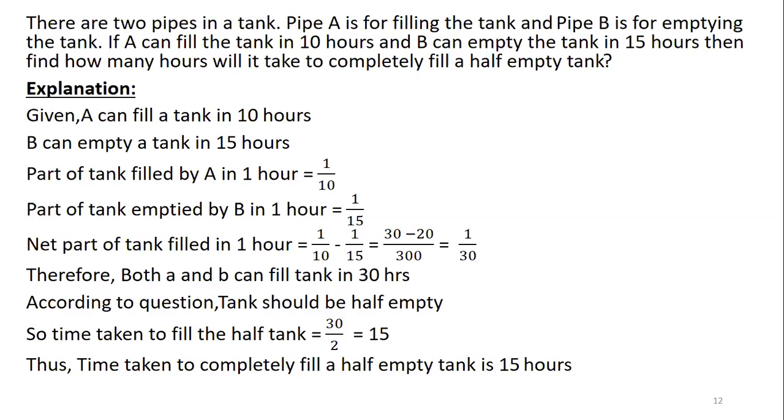Therefore both A and B can fill the tank in 30 hours, because this 1 by 30 part of the work needs to be repeated for some X hours, so that 1 by 30 into X is equal to 100% job completed. So X is equal to 1 into 30, that is 30 hours. Now for the half empty tank, to fill the half tank, they will take only 15 hours.